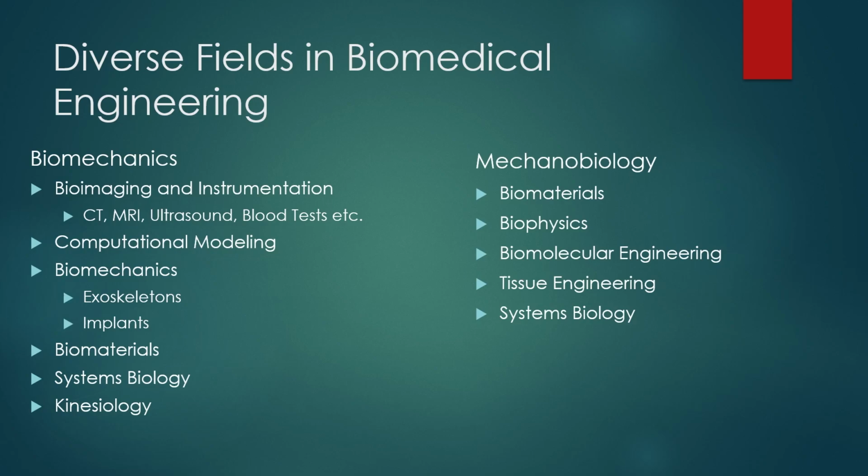We care about biophysics, the physics of the cells. How do cells move? How do cells respond to the forces in their environment? Biomolecular engineering: how can we modify cells? How can we modify organisms to produce desired mechanical outcomes or have better attributes for medical treatment purposes?